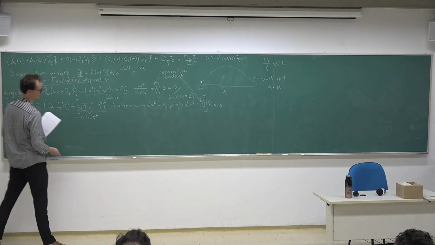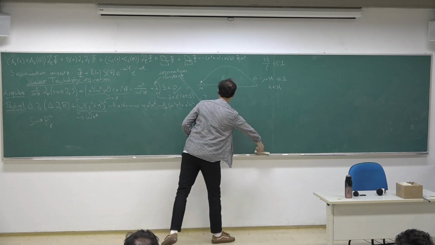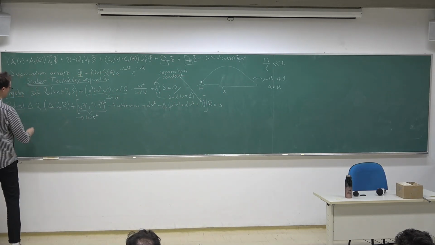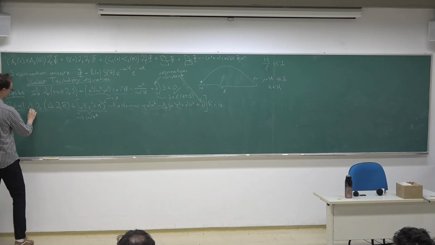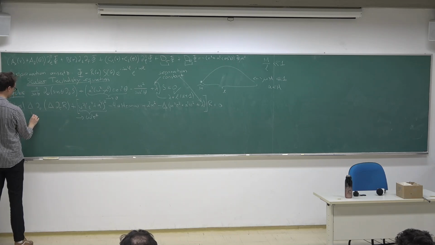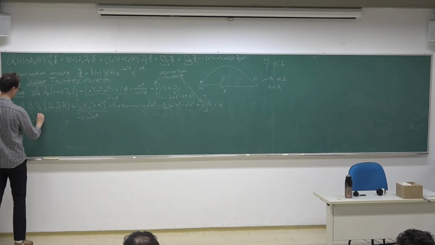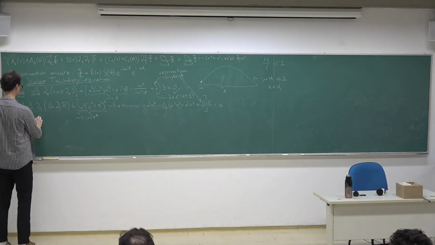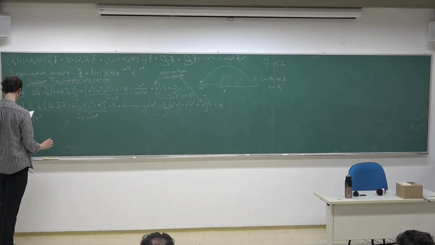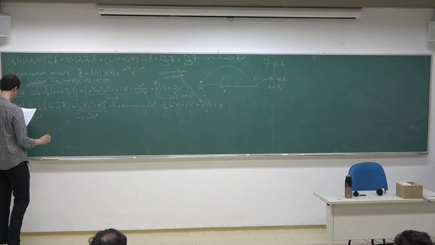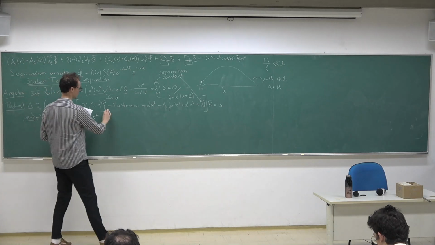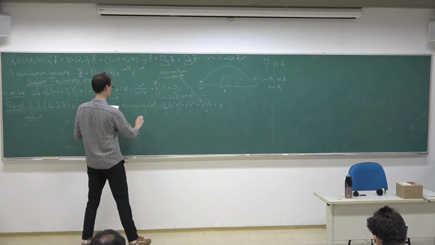Basically, the delta will just turn into r squared. So this just turns into r squared in this limit. This term will be r cubed.